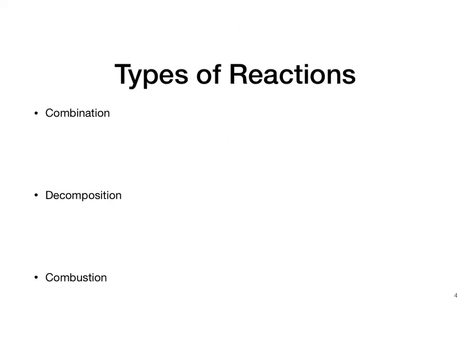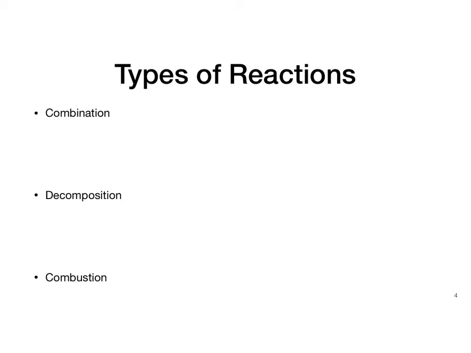So in Gen Chem 1, we're going to encounter 4 different reaction types. We're going to learn about 3 of them today. So there are 3 different types: combination, decomposition, and combustion.